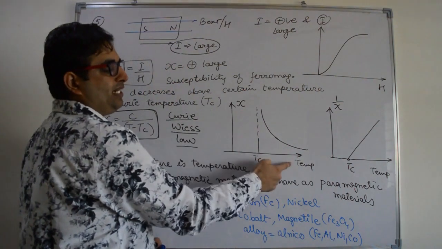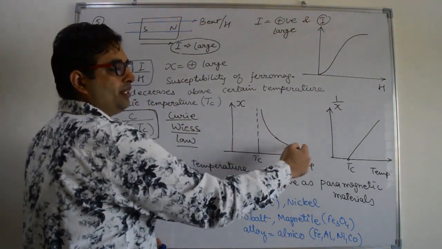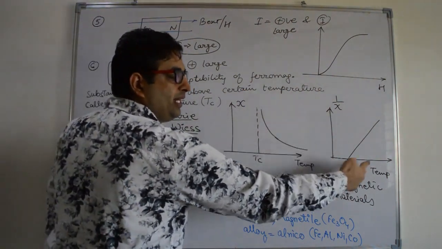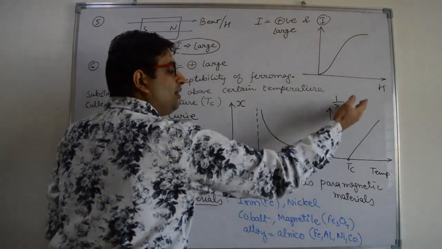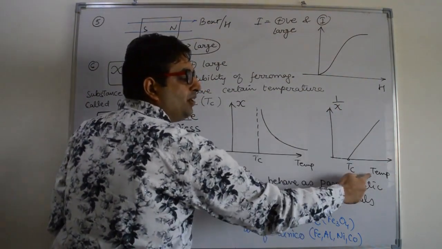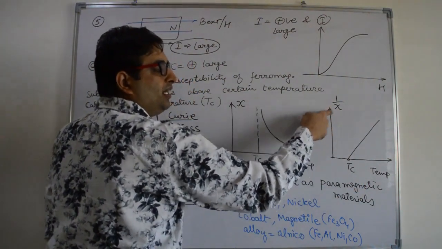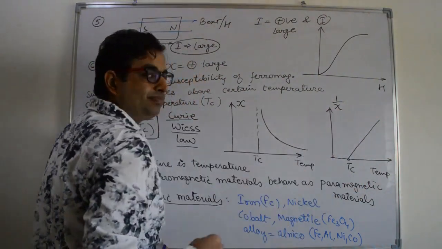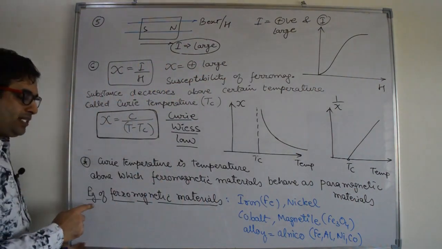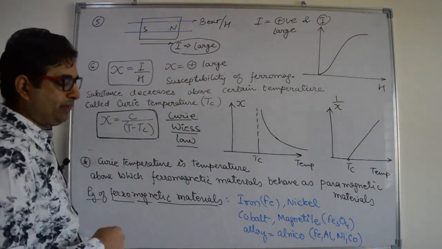So the chi and temperature relation is this. The inverse of susceptibility and temperature will have the reverse relation. As we increase the temperature, susceptibility will decrease, then the inverse value will increase, right? Now let us see some examples of ferromagnetic materials.